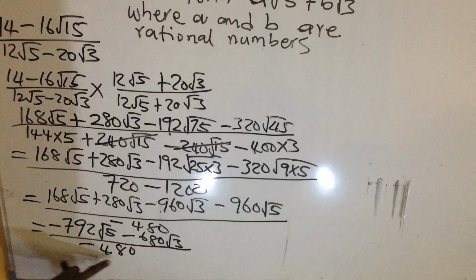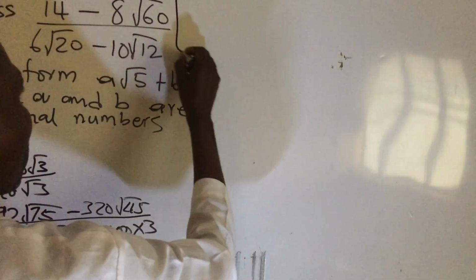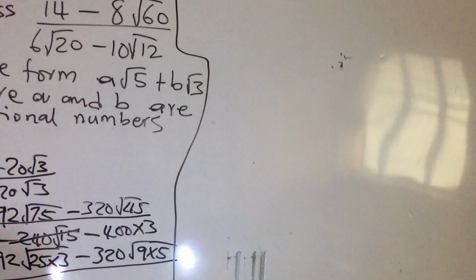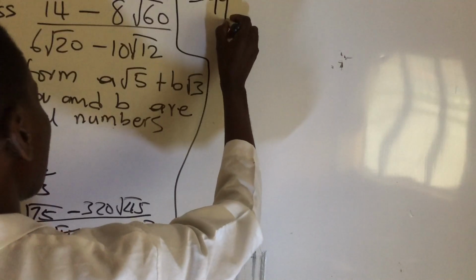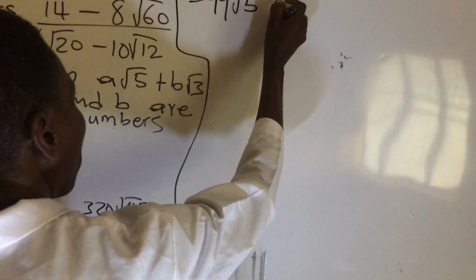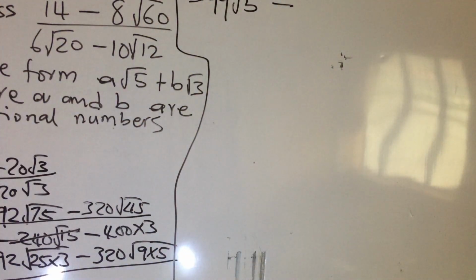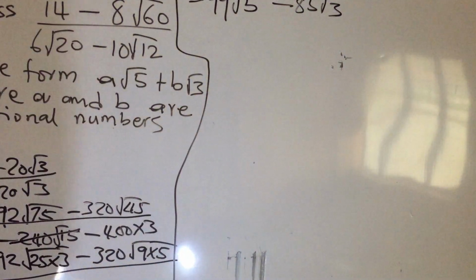If we divide everything here by 8, 8 divides 792, we now have minus 99 root 5, minus 8 divides 680, we now have 85 root 3.